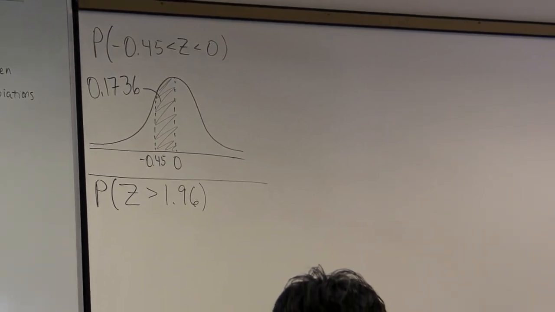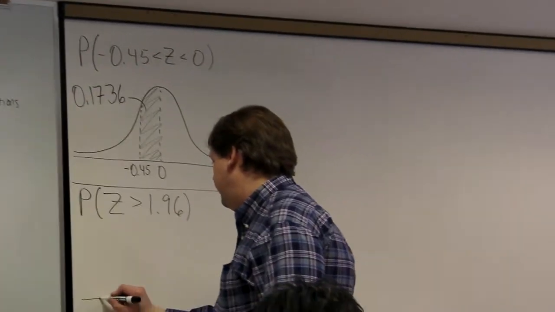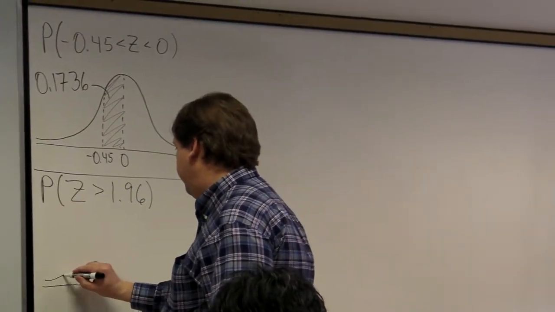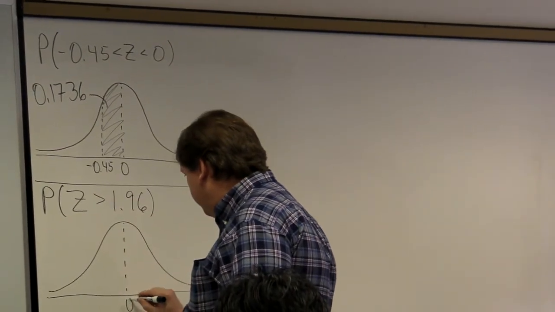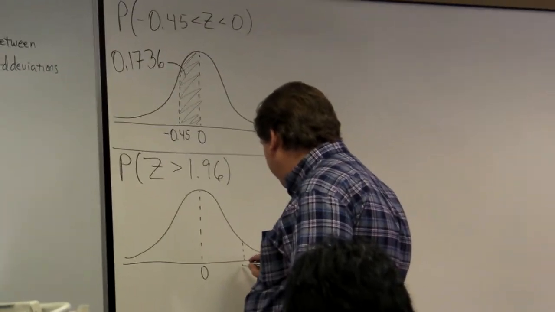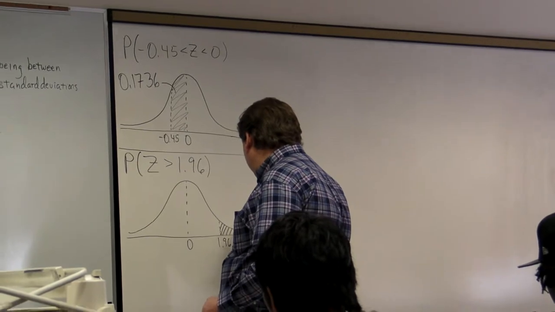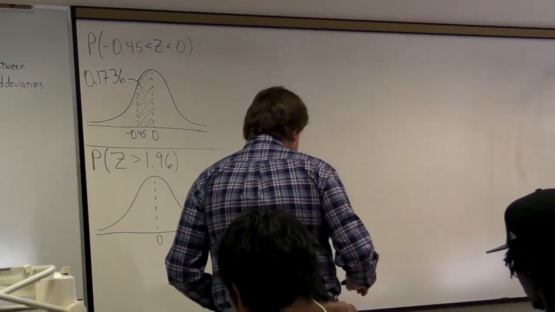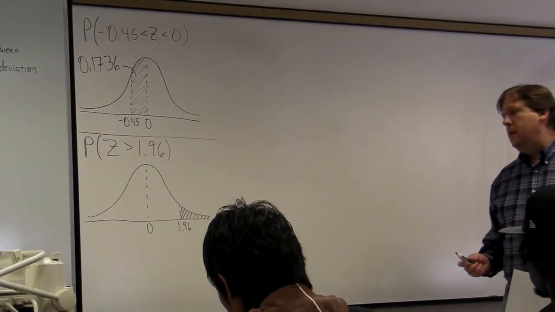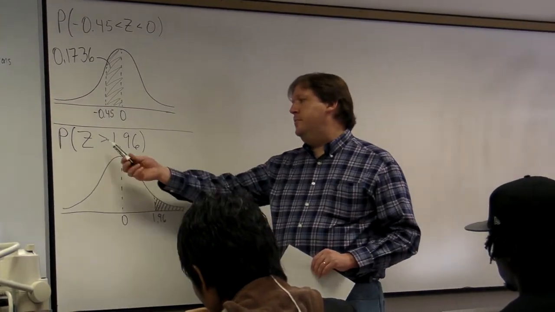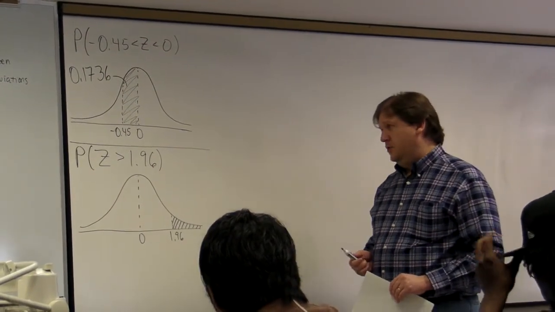So again, what we should do is graph out what we're looking for. In this case, what we're looking for is the probability of being more than 1.96 standard deviations above the mean.